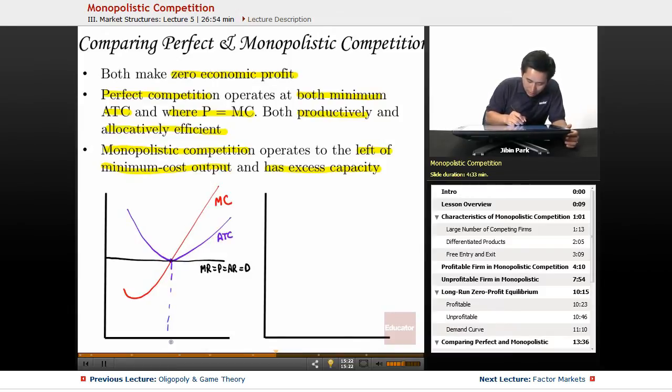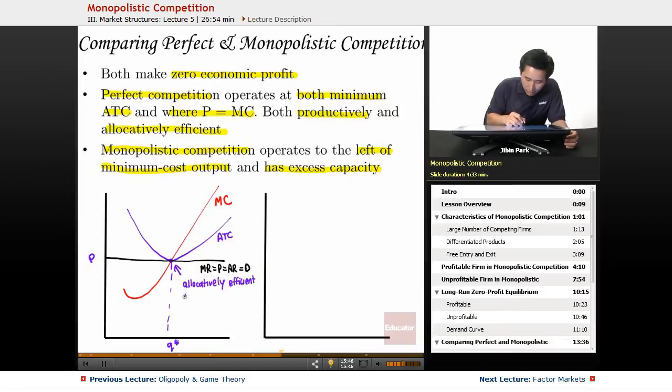So right here, not only is it the profit maximizing quantity, you're at the minimum of the ATC and MC, and the price equals the marginal cost here. So this point is allocatively efficient.